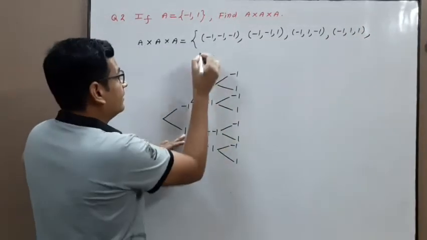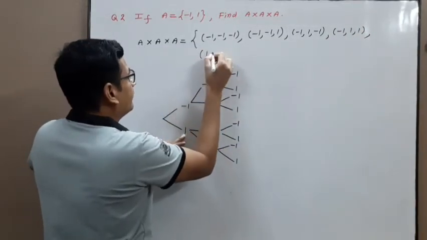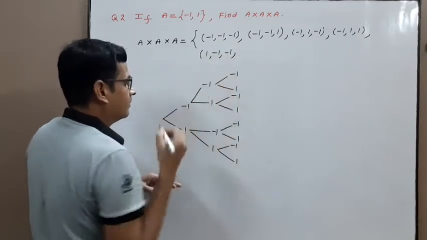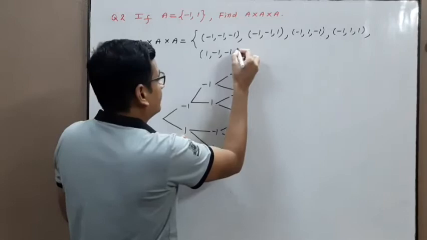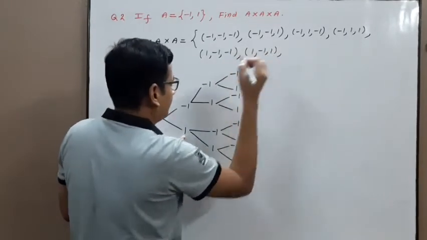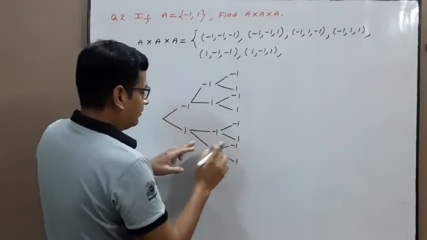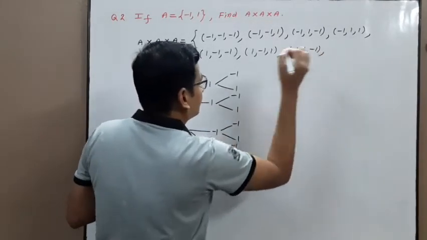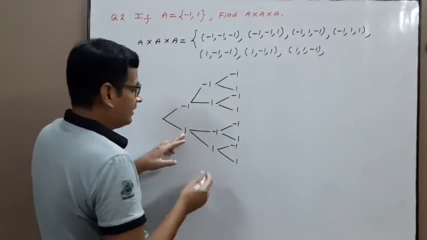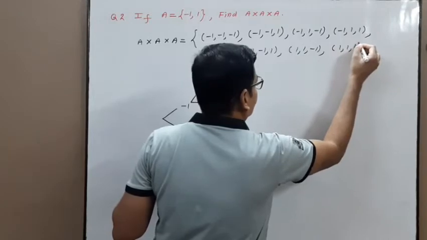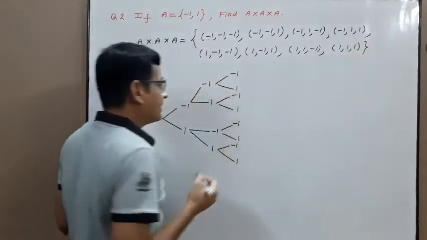After this, 1, minus 1, minus 1. 1, minus 1, 1. Then 1, 1, minus 1. And at last 1, 1, 1. So we get 8 ordered triplets.